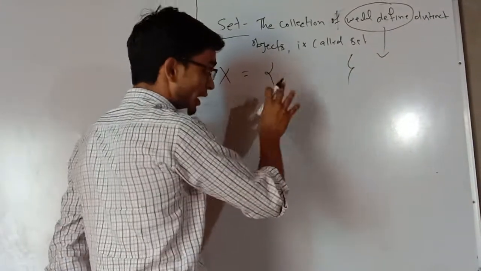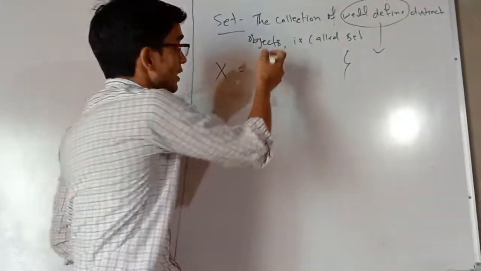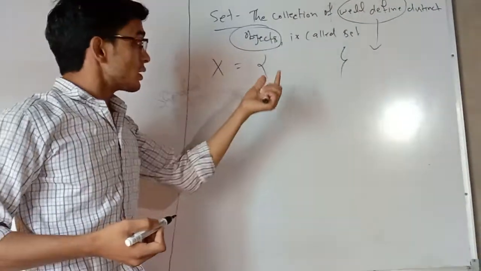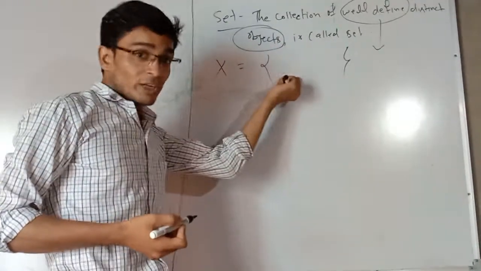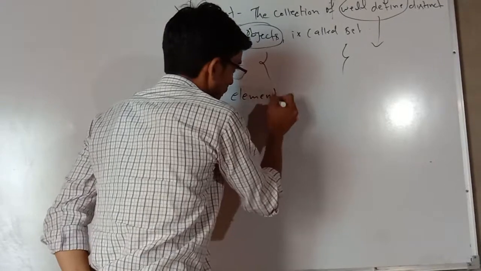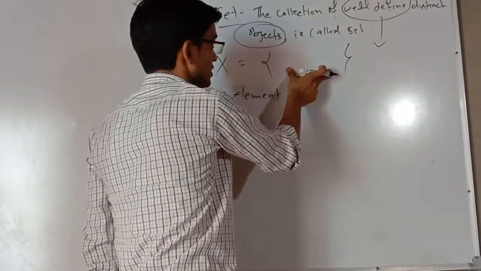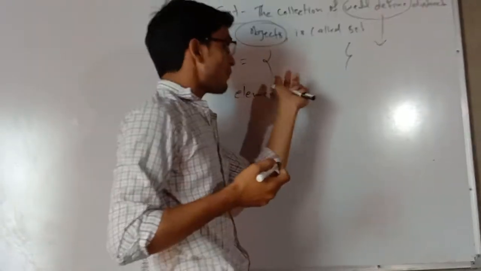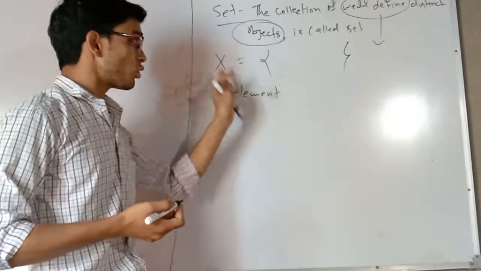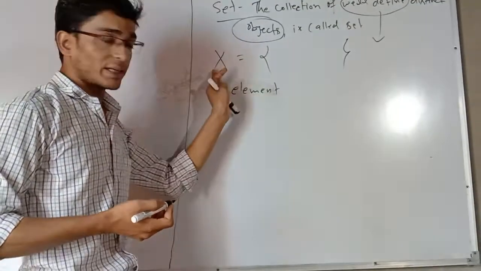The present objects are called elements. Suppose there are 5 students. So the students are elements of x, that is the set.